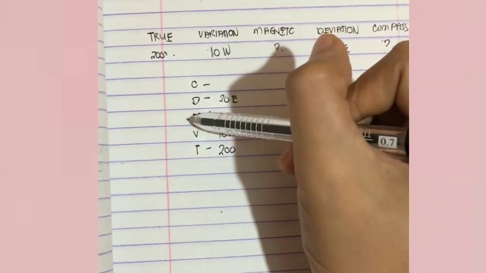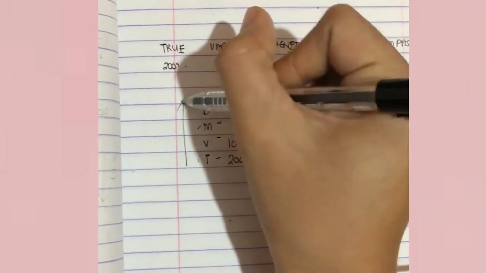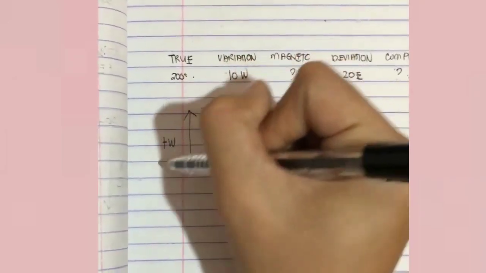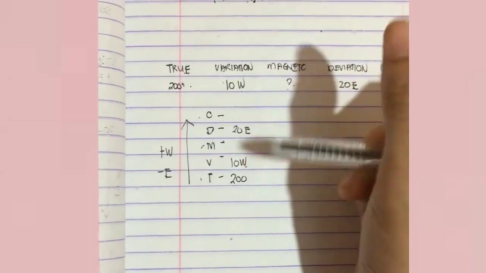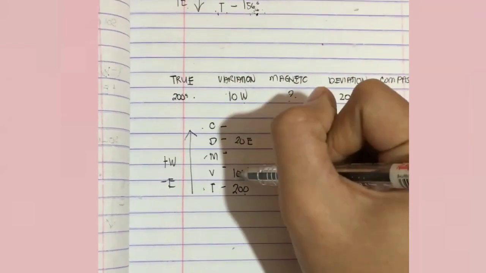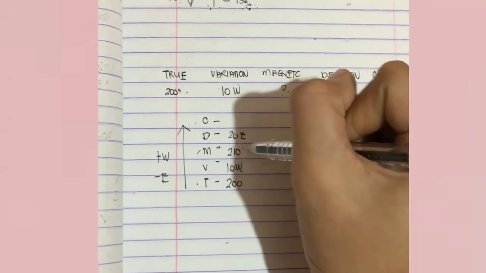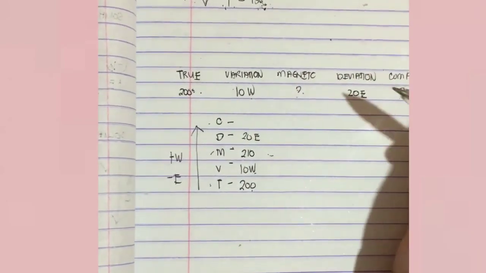So let us find the magnetic north, true north to compass north, add westerly and subtract easterly. Since this is west, we should add 200 plus 10 is 210. Now, this is the value of our magnetic north.